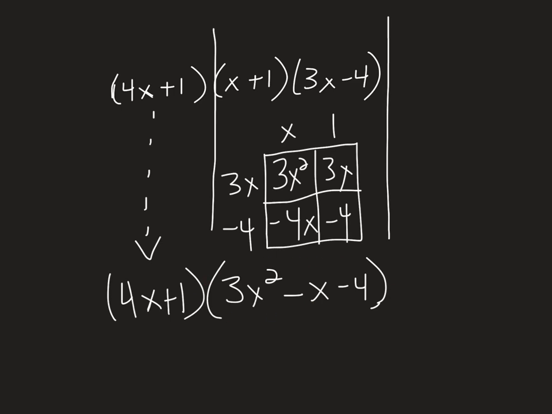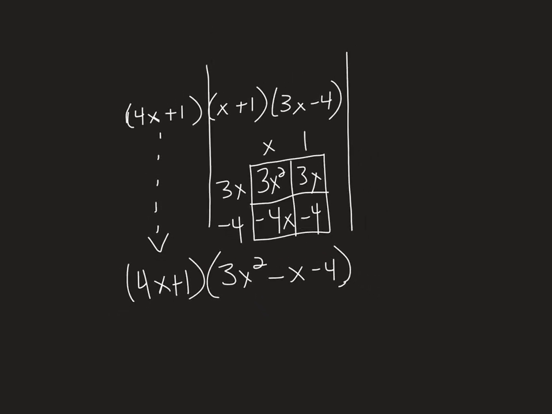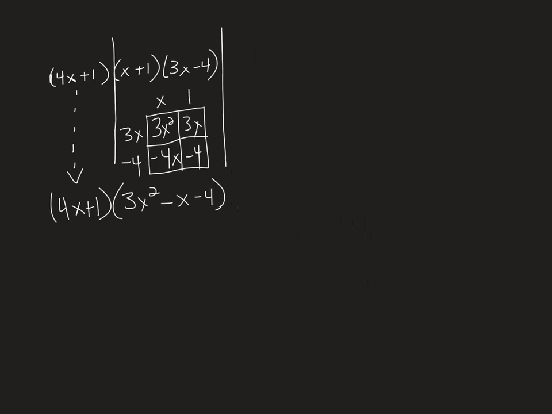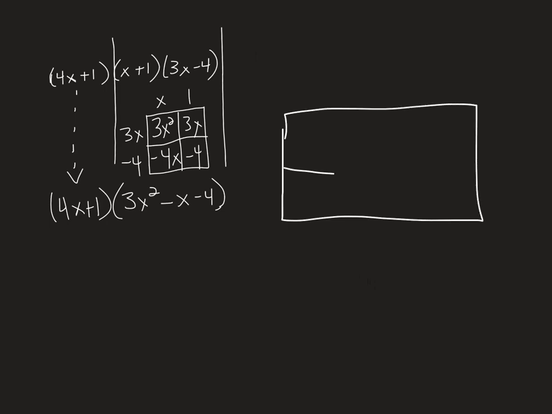Okay, so now we have one more step to do, is to multiply these together. And what we're going to have is a 2 by 3, because, again, we have two terms and three terms in our polynomials. This one has two terms, this one has three terms.